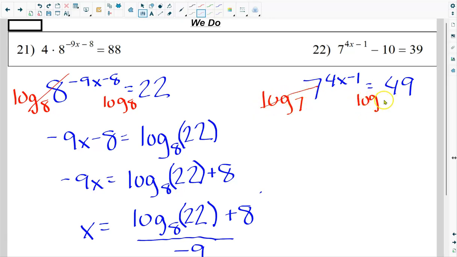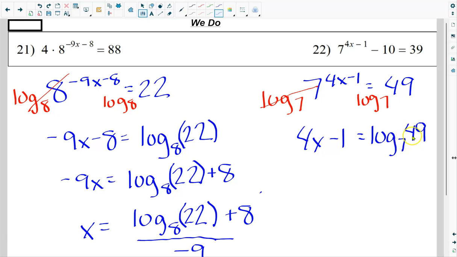It doesn't cancel on this side necessarily, at least not yet. So we have 4x minus 1 equals... Now, in this case, this is a cool problem because you have to be on the lookout. Remember, this is 7 to some exponent equals 49.